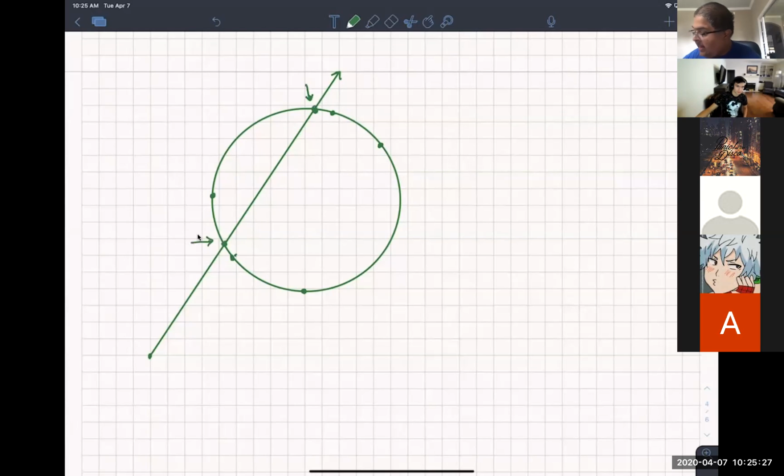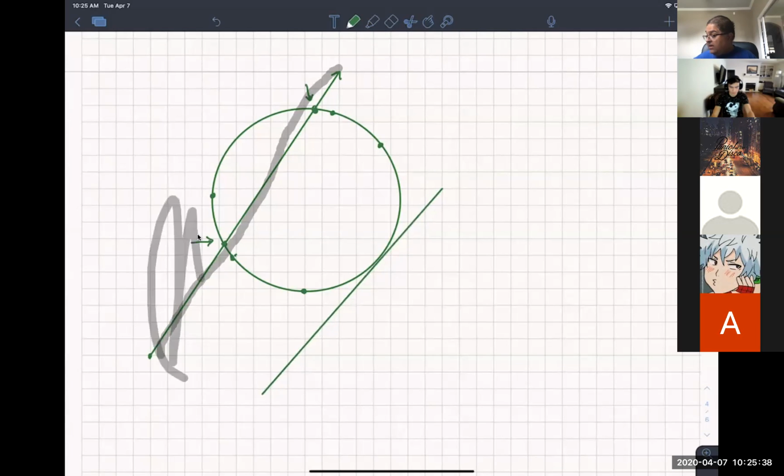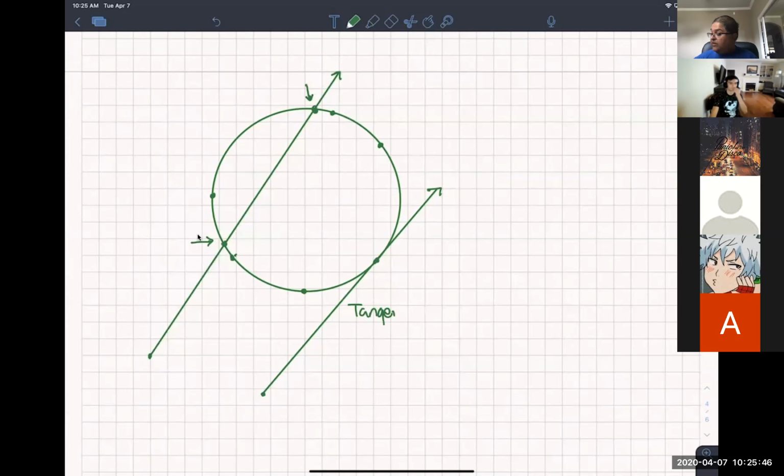Any line that intersects the circle at 2 points is known as a secant. And a tangent is kind of like a secant, but instead of intersecting at 2 points, it just intersects at 1 point on the edge of the circle. So it starts on the outside and intersects at 1 point. If it intersects at 1 point, it's a tangent. If it intersects at 2 points, we call that a secant.